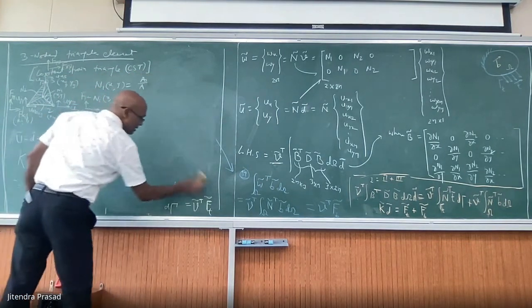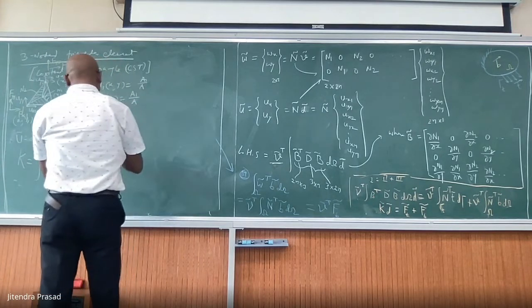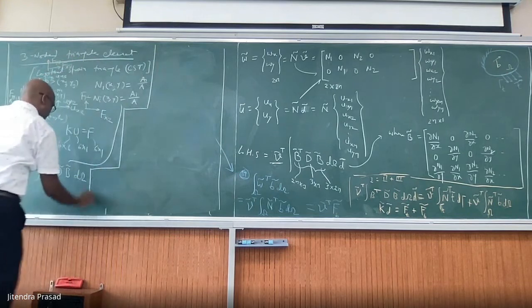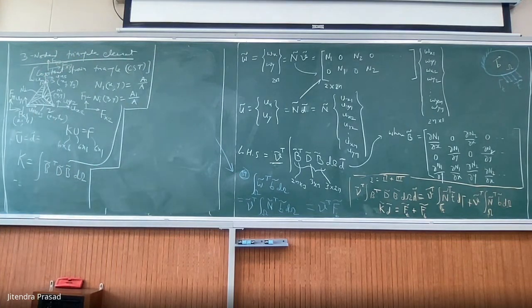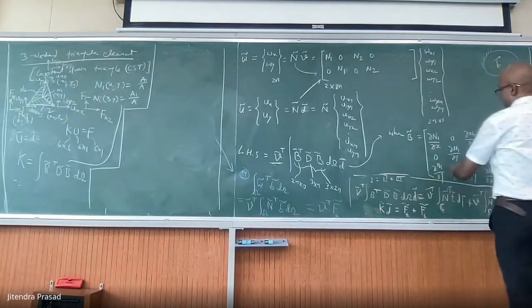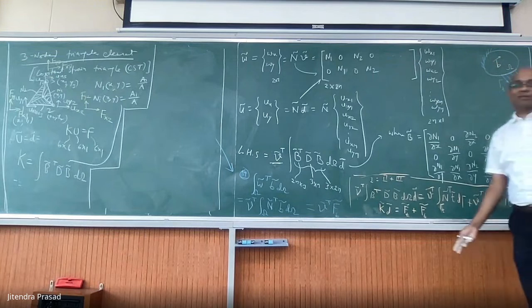Things you know already, it's not new. B we have defined already here. What you have to do is find del N1 over del x.